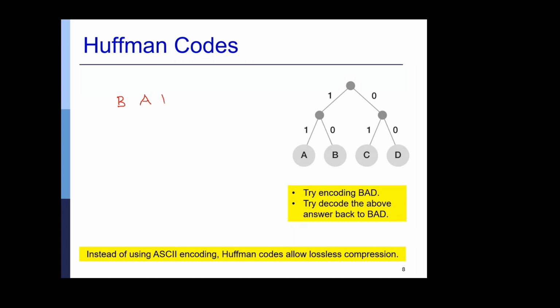B is 1, 0. A is 1, 1. D is 0, 0. So the code for the word bad is 1, 0, 1, 1, 0, 0.